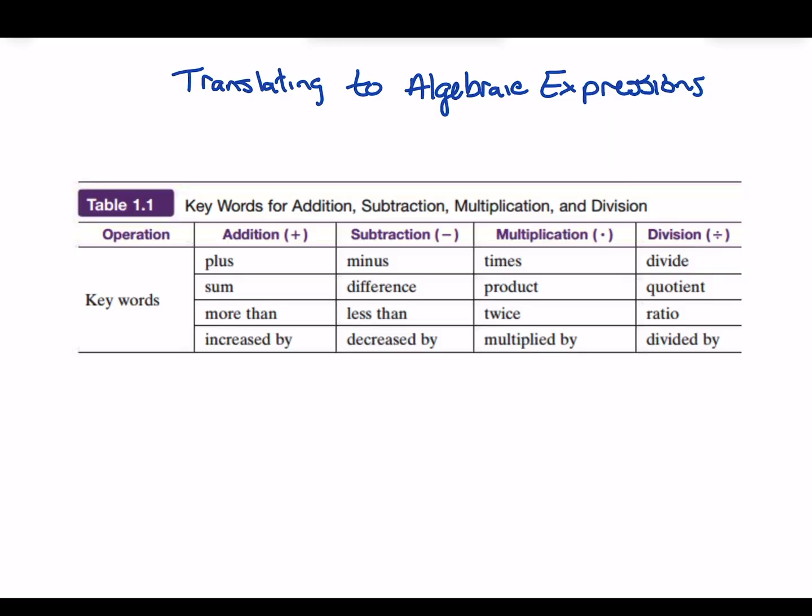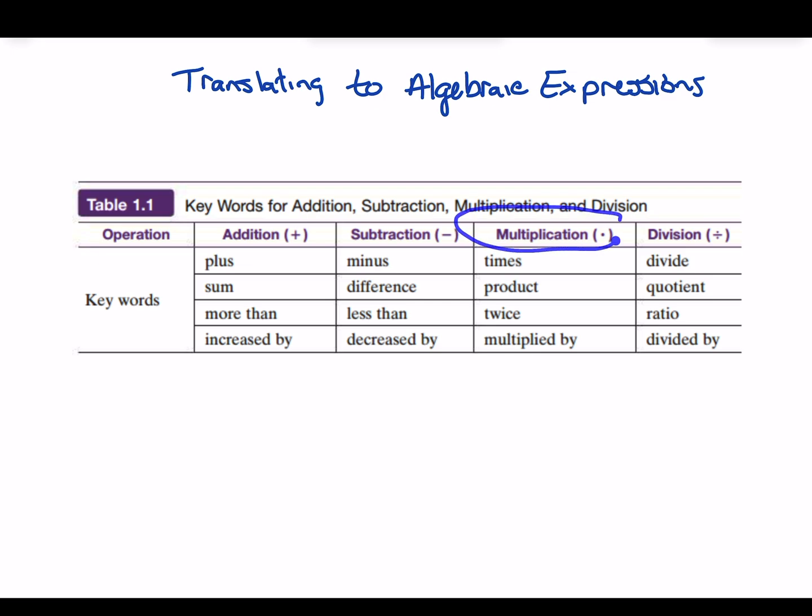Next, we need to talk about translating English to algebraic expressions. One of the ways we can do that is to look for keywords. There are keywords that mean the same thing as each of the 4 operations. For addition, other words that mean addition are plus, sum, more than, or increase by. Keywords for subtraction are minus, difference, less than, or decrease by.